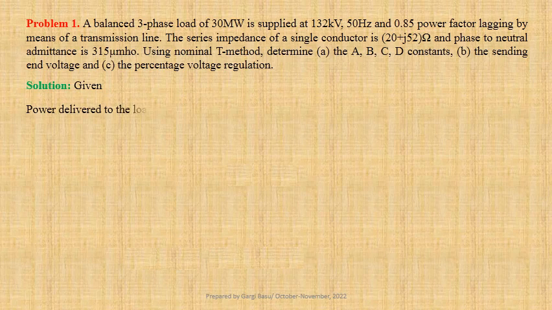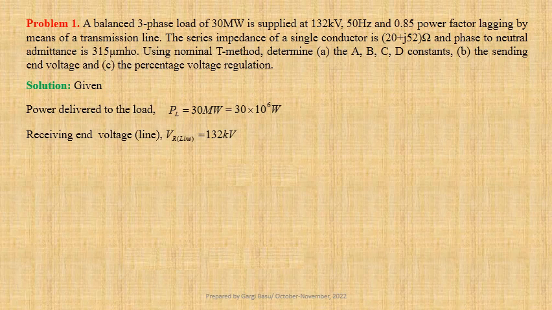Power delivered to the load PL equals 30 megawatts, that is equal to 30 into 10 to the power 6 watts. Line to line receiving end voltage VR line equals 132 kilovolts, that is equal to 132 into 10 to the power 3 volts.